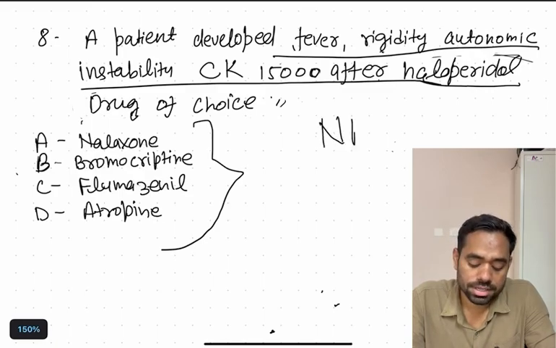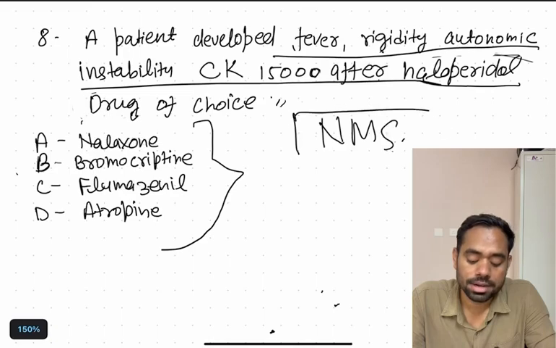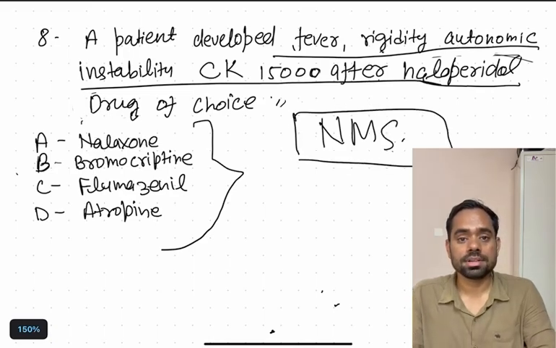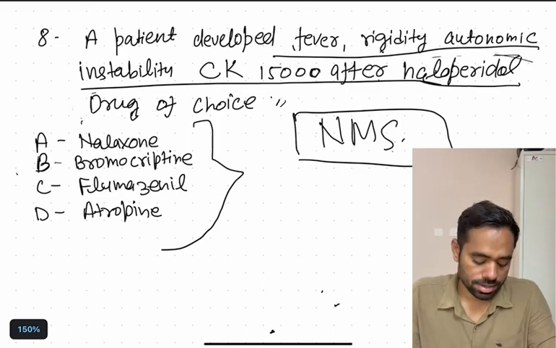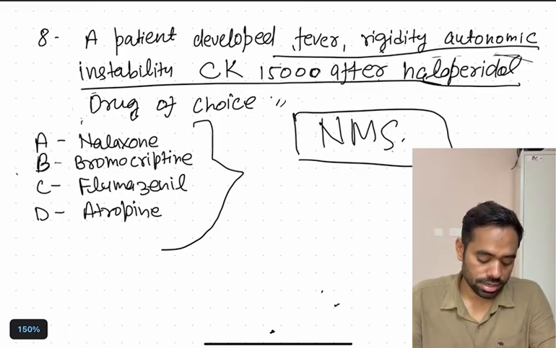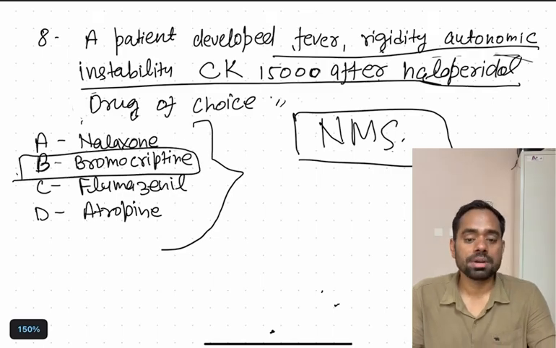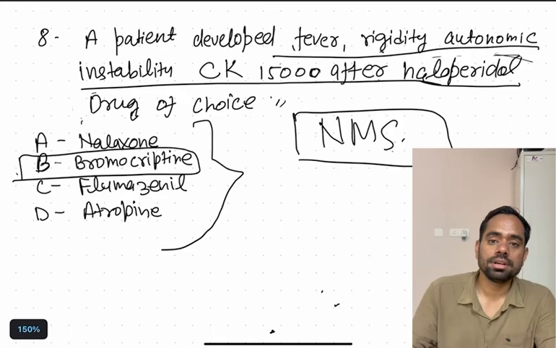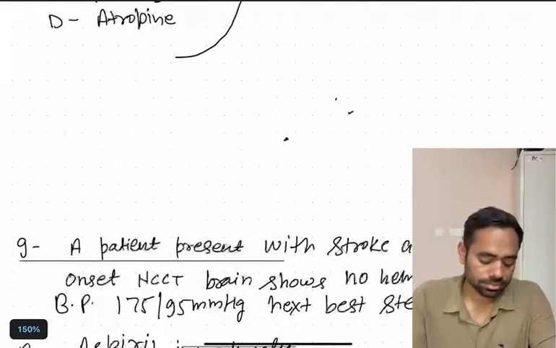So it is a case of neuroleptic malignant syndrome. Drug of choice in neuroleptic malignant syndrome is dantrolene, but here dantrolene is not given in the options. So the other drug is bromocriptine. Okay, so option B is correct. Bromocriptine you can give in neuroleptic malignant syndrome.